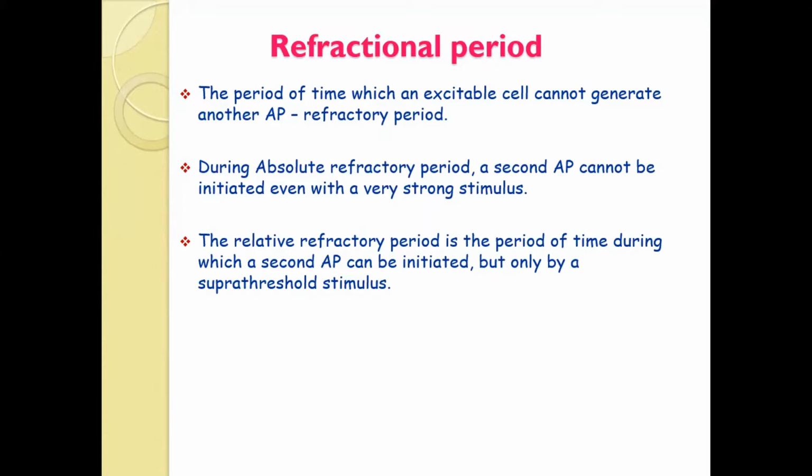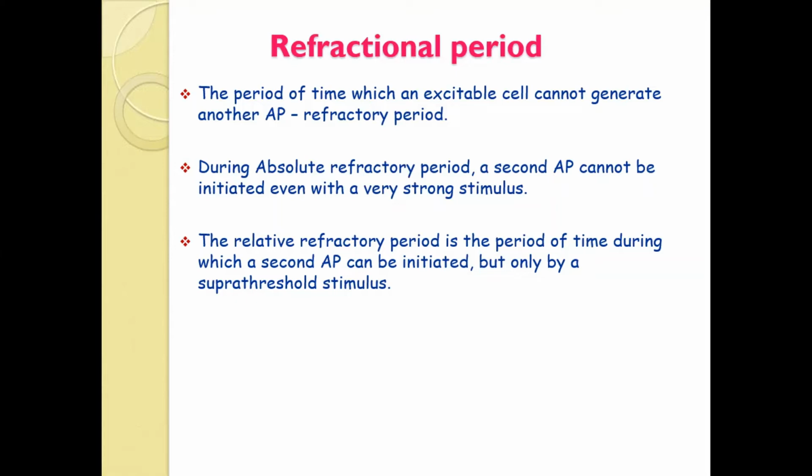During the absolute refractory period, a second action potential cannot be initiated, even though you have a very supra-threshold stimulus. Even with a very strong stimulus, you still cannot stimulate another action potential. But in the relative refractory period, you can generate a secondary action potential, but with a supra-threshold stimulus.